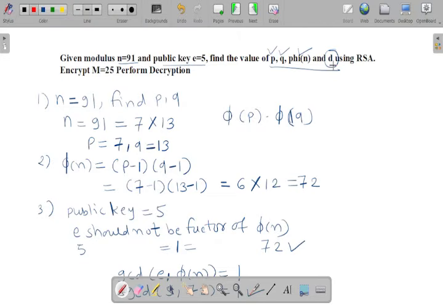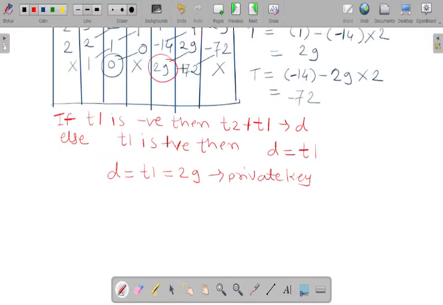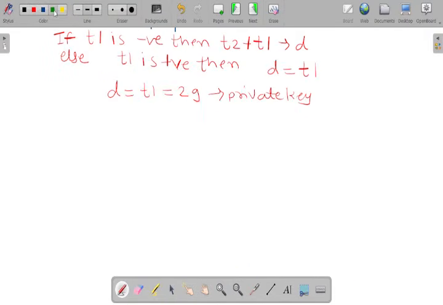Now we have to perform the encryption as well as decryption, because in one of the question papers the encryption is asked, and in the second question paper encryption and decryption, both processes have been asked for the exam. So now first of all I will solve the encryption, then we will go for decryption.